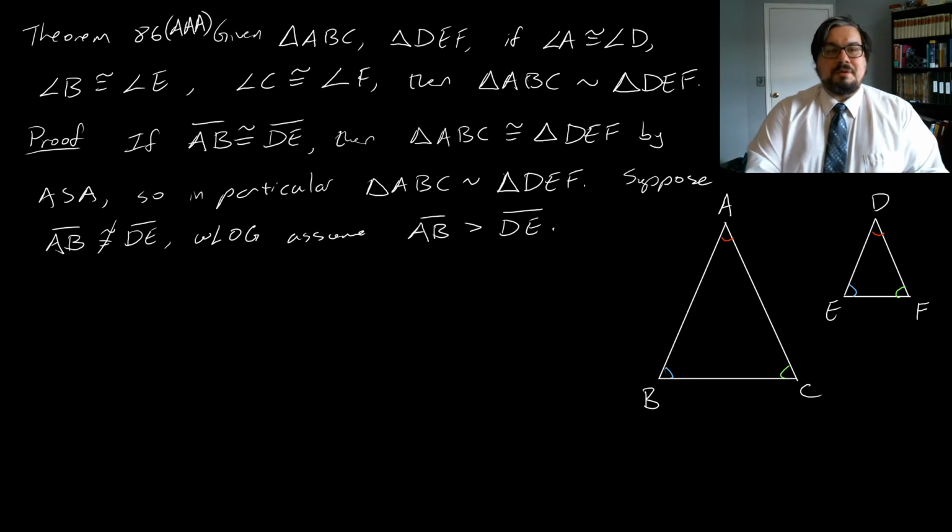Well, as normal, the thing that we're going to do is copy the triangle DEF, or at least try to, over to the figure with ABC. So I'm going to put a point G here along the segment AB such that AG is congruent to segment DE, and then we're going to try to construct this triangle here.